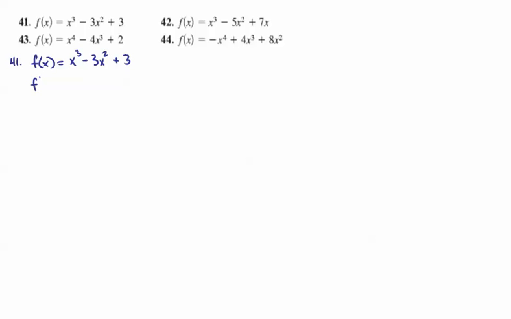Our first derivative will be 3x squared minus 6x, and we can factor that, factor out a 3x, and that will leave us with x minus 2. So that tells us we have zeros at x equals 0 and x equals 2.